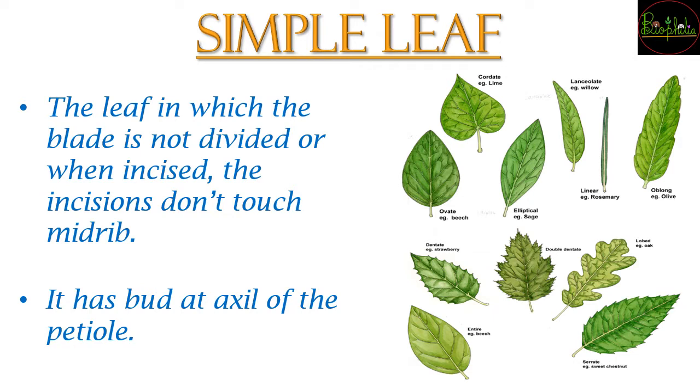Simple leaf जो होता है, it is the leaf that you can see many a times, जो आपने देखे भी होंगे, but now here we see that the simple leaf is going to be that the leaf is not going to be divided, or the leaf blade is not going to be divided, and even if they try to be showing some lobes like structure, या उनमें अगर कोई ऐसे कर्व्स आ भी रहे होंगे, but these curves or these incisions are not going to touch the midrib, यानी वो completely leaf को दो टुकड़ों में नहीं बांट पाएंगे.